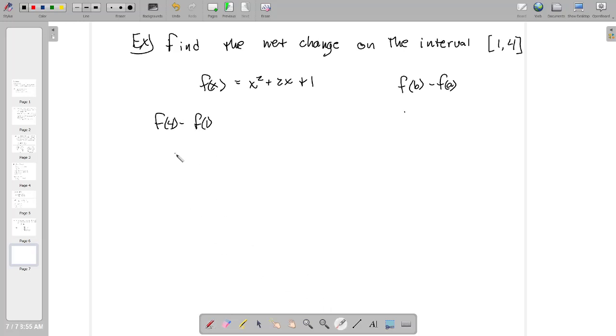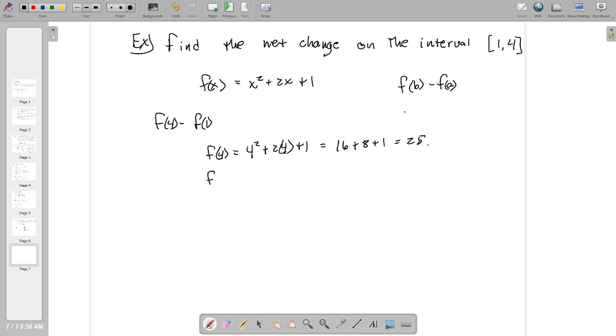Now, in order to actually do this calculation, I need to know what f of 4 is. So we plug in 4 to this function, and we get 4 squared plus 2 times 4 plus 1. 4 squared is 16. 2 times 4 is 8. So we end up with 16 plus 8 plus 1, and that will be 25.